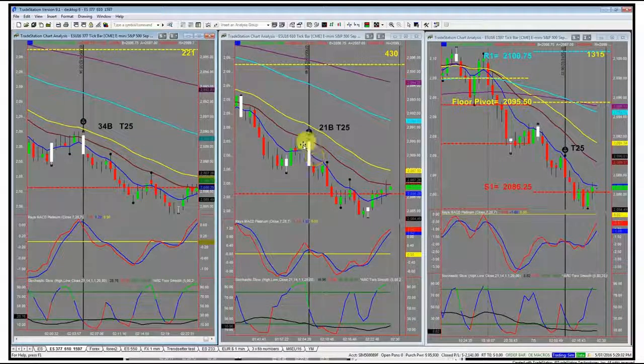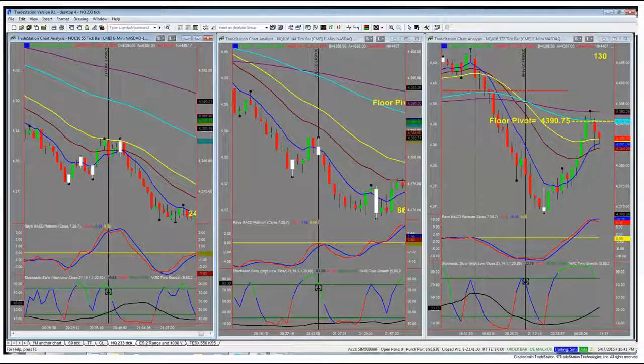We've got a 21B and a T25 here, and over here, if we look at the black line, it's a T25. In other words, you had another entry up here at the top. Here you can see once again that price action on the higher time frame is confirming the trade on the lower time frames.